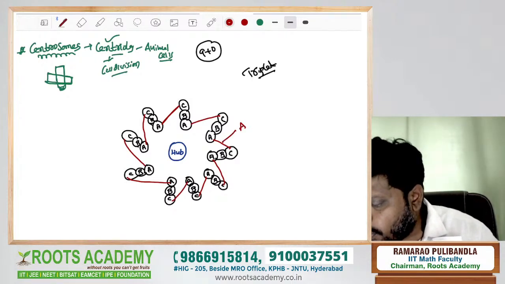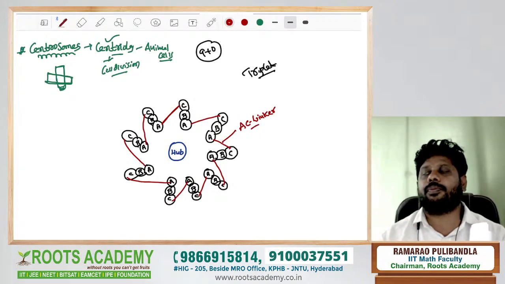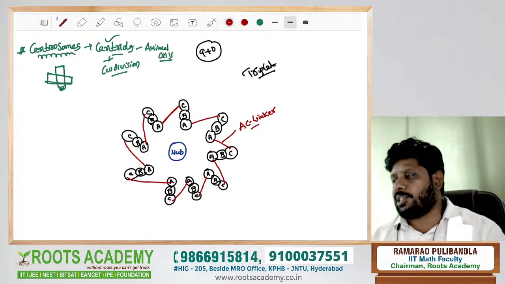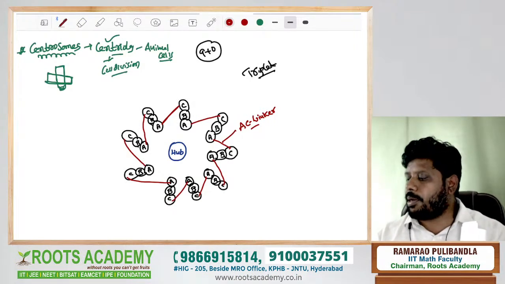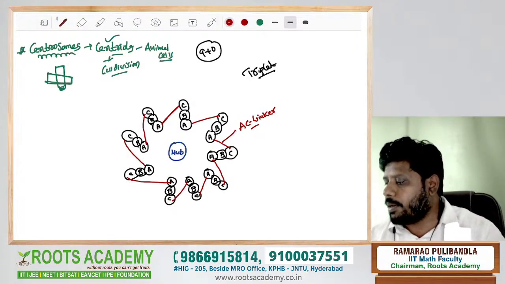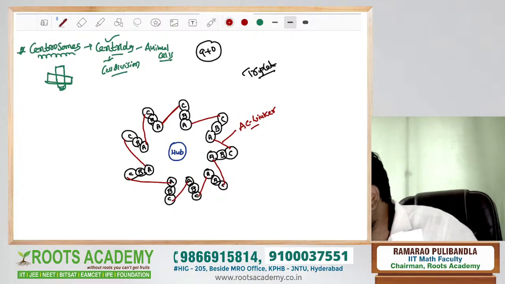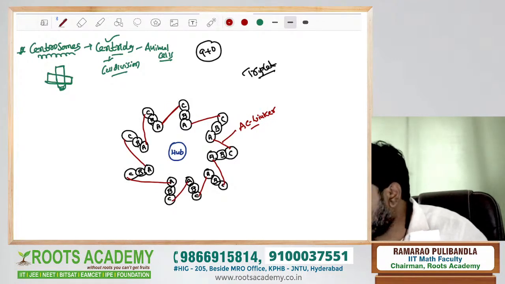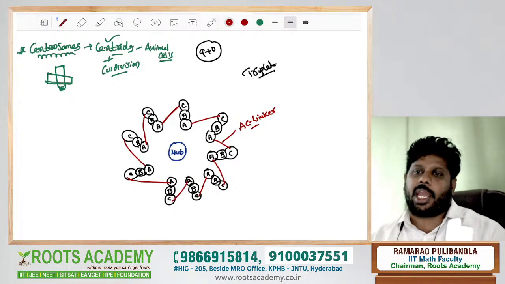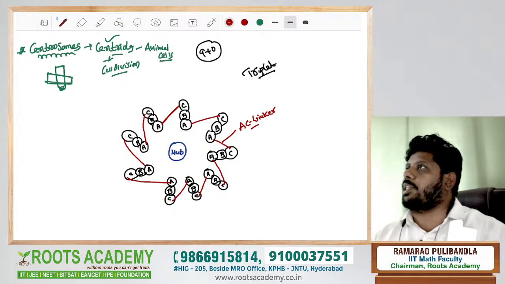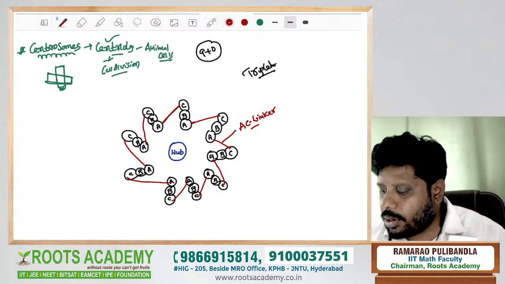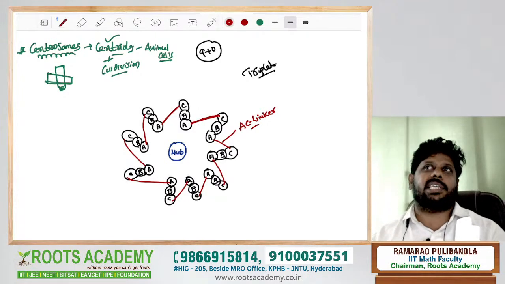That's why it is called the AC linker, because it is between A and C. Okay? So A of one microtubule is connected with C of another microtubule, that's why we call it the AC linker.